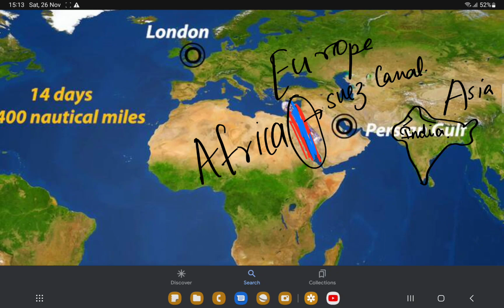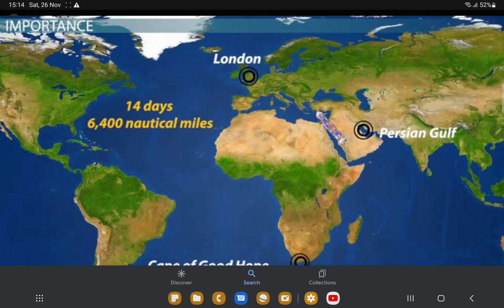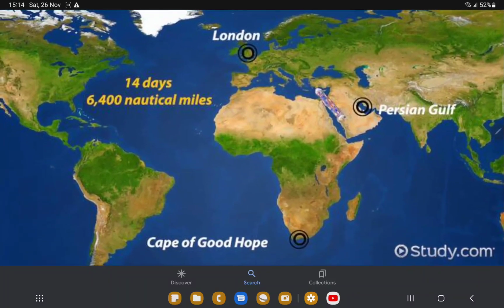Now let us go deeper into this. Basically, children, if you want to go for trade purposes, for example, from India to London, here India is, and here is London.